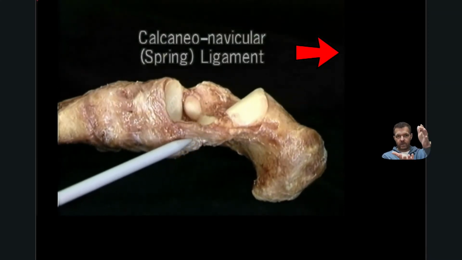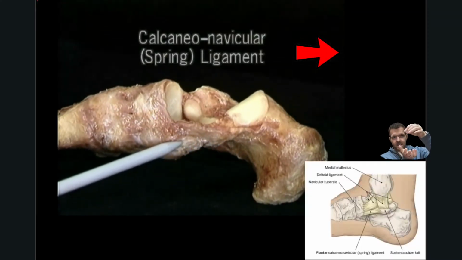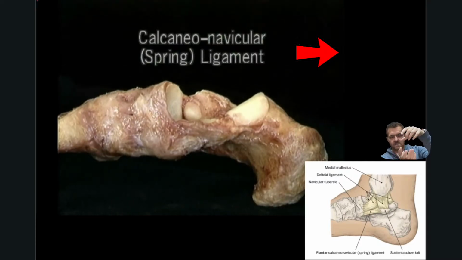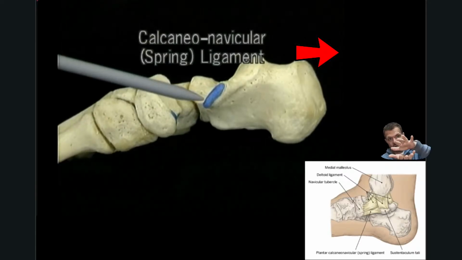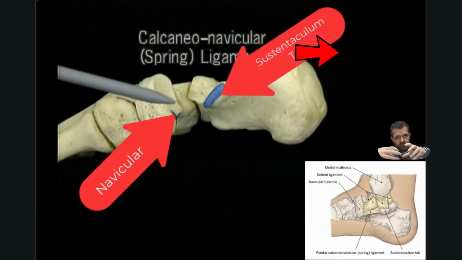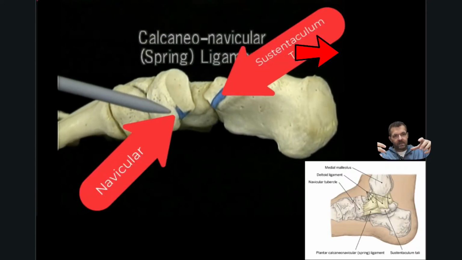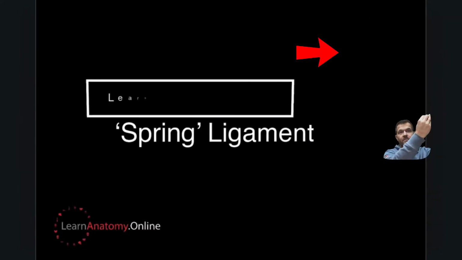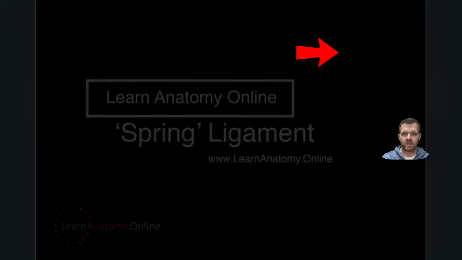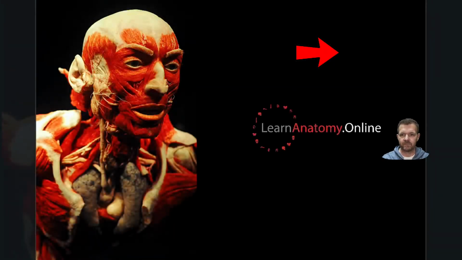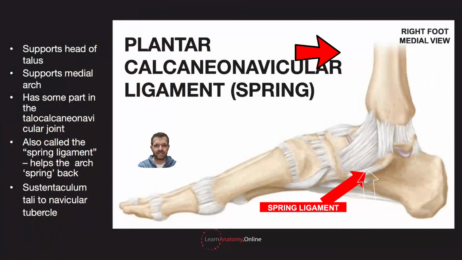So when you go into pronation and your foot flattens, that spring ligament will stretch along with other structures, we'll talk about those as well, and then the talus will drop down into the hammock of the spring ligament. Then when you toe off, the spring ligament will spring back again and help you to recreate the arch in your foot.